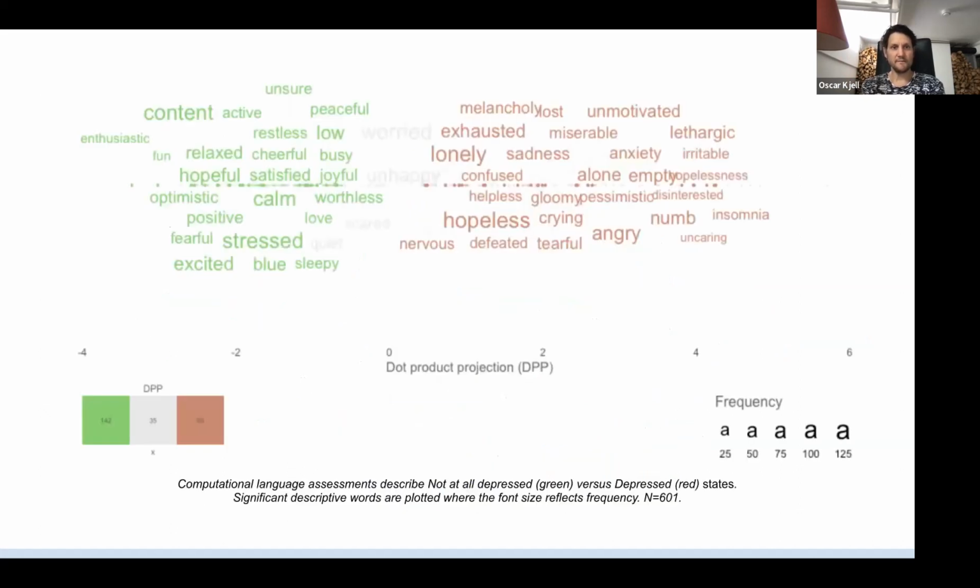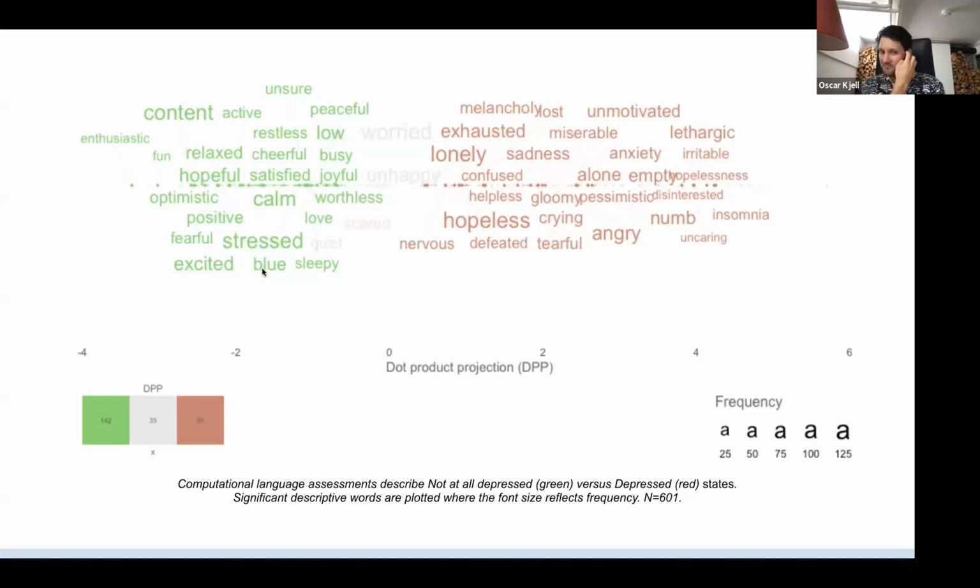Whereas this plot is very much work in progress, but here you have stress, which isn't depression. So over here you have not at all depressed. So stressed isn't that, but I would still be a little bit worried, because here you have worthless, which I would theoretically think is tapping into depression.